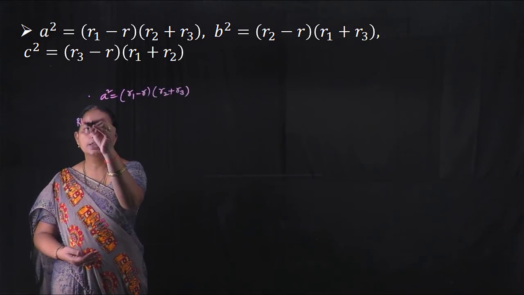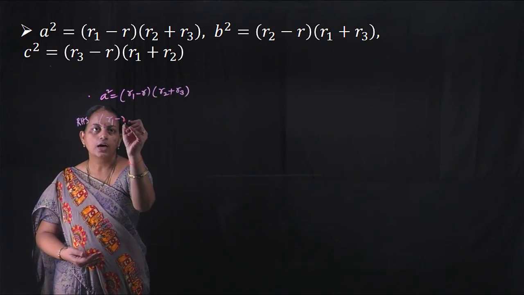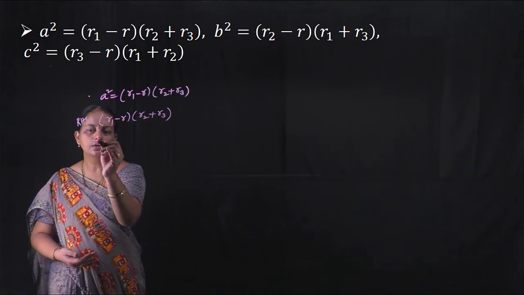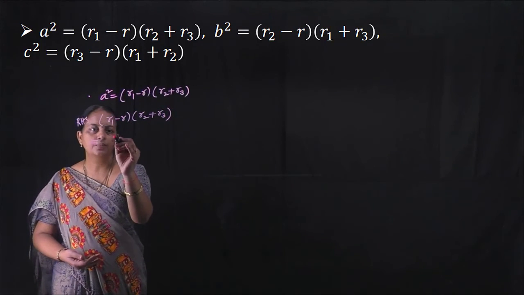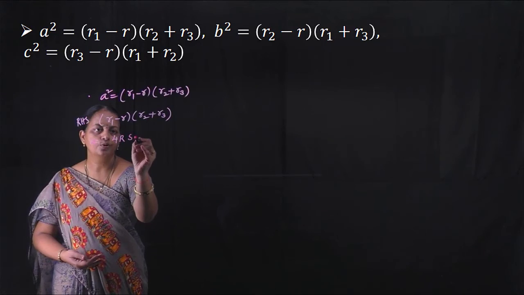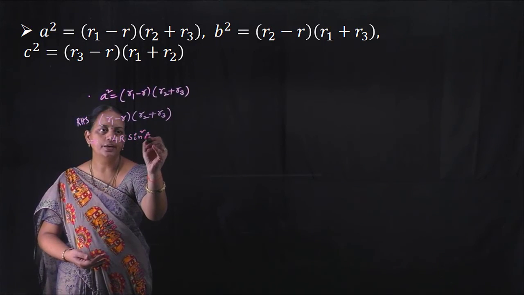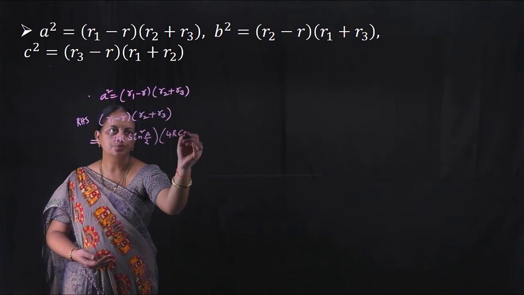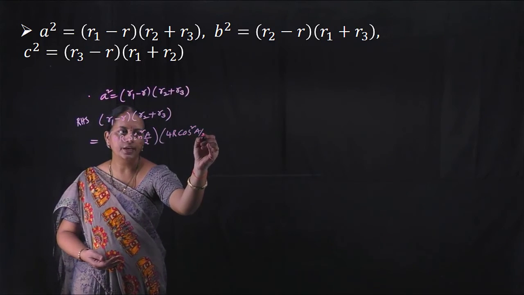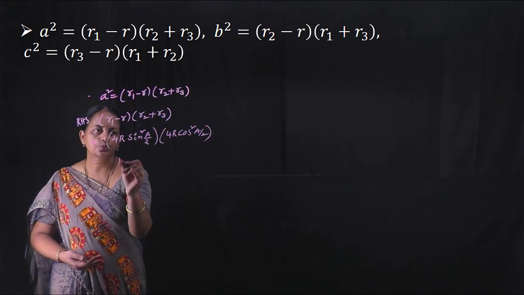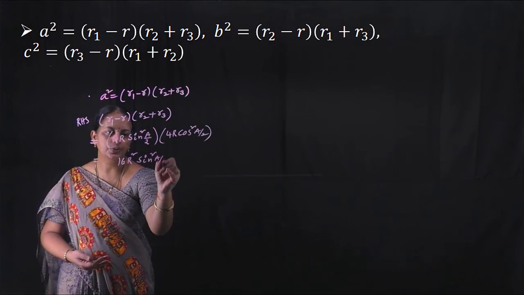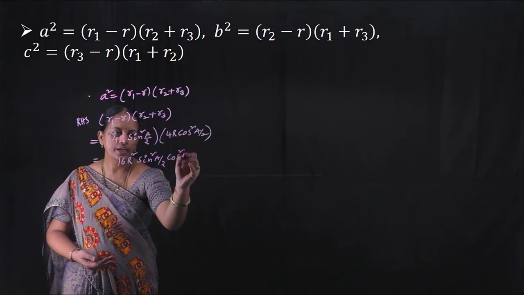Consider the RHS part, that is R1 minus r into R2 plus R3. Already we derived R1 minus r is equal to 4R sin square A by 2, and R2 plus R3 is equal to 4R cos square A by 2. This is equal to 16R square sin square A by 2 cos square A by 2.